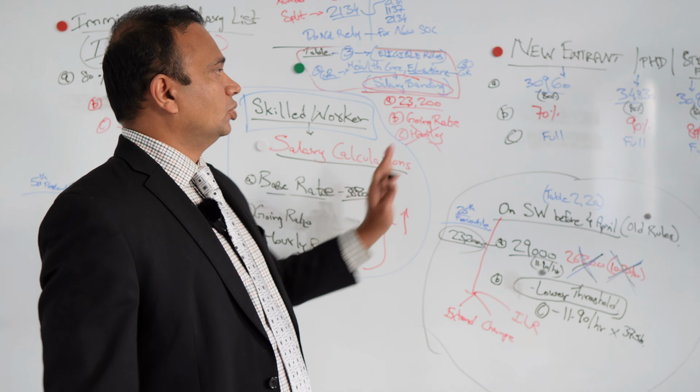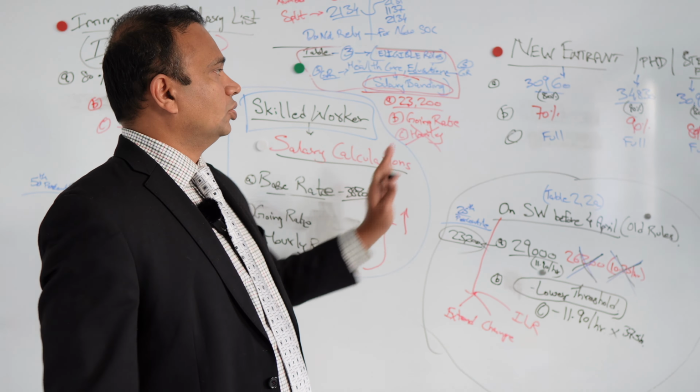So 30,960, or 70% of whatever the going rate is for that particular job code, and 15.88 per hour. So for example, if you're working 45 hours, 15.88 into 45 into 52, that's how it will be. So you'll get the three numbers, whichever is the highest number, that is what should be paid.